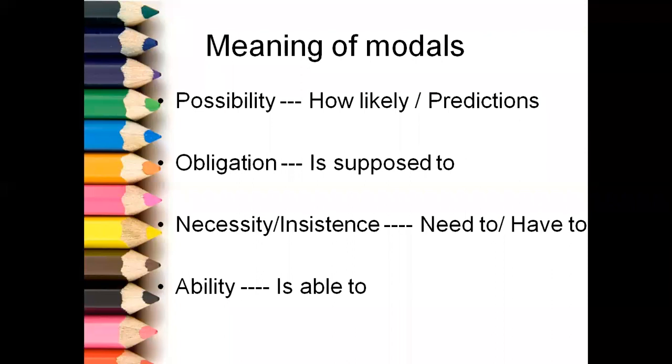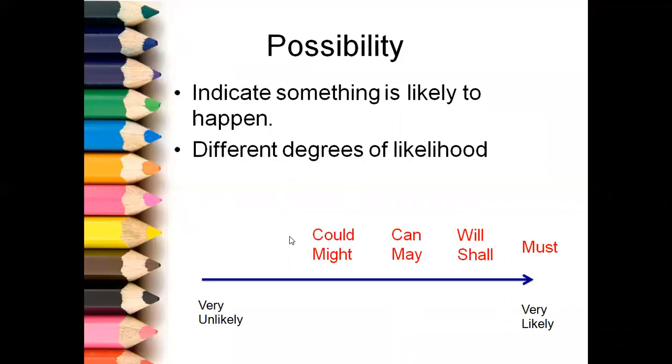So let us take the first part, that is possibility. Now here this figure is something which is very, very important. If you look at this figure, there is an arrow mark, very unlikely to very likely. Now look at this. Whenever you are 100% sure that something cannot happen, it cannot rain today.